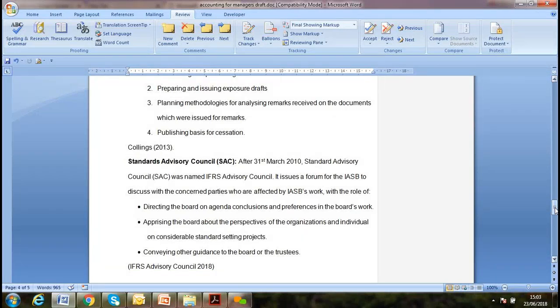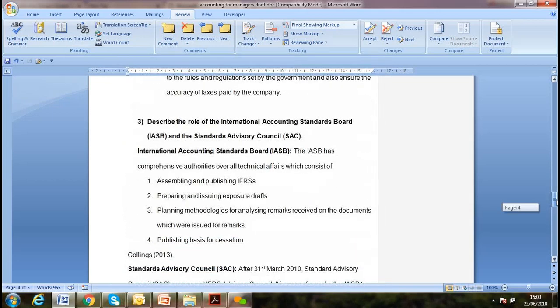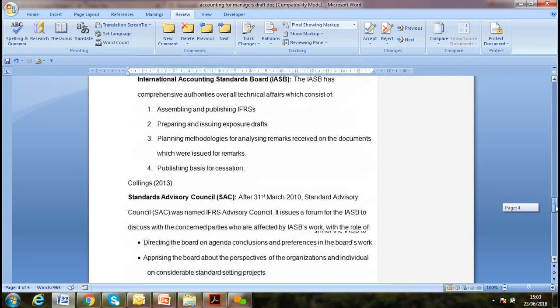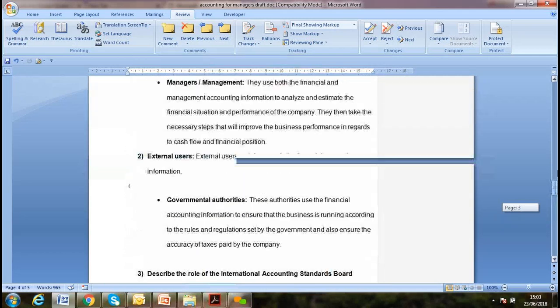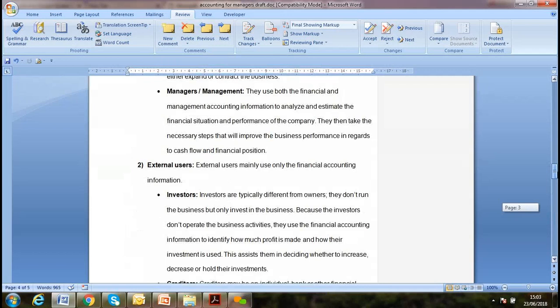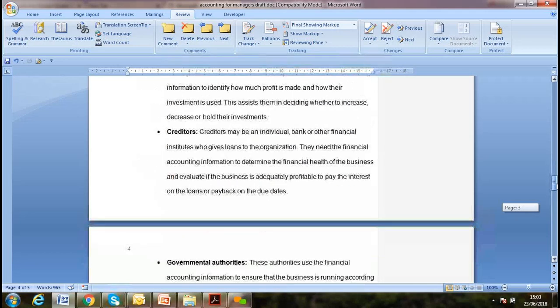If your words are exceeding, what you can do is include as much as you want in appendices. Like when you include a picture, such as a comparison between financial and management accounting, you can include the source as well.